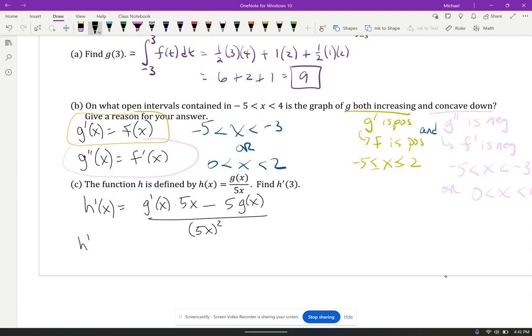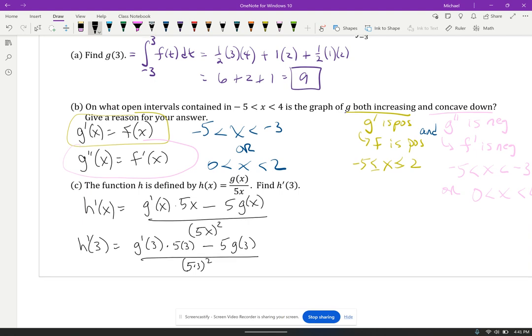Oh, but we want h prime at 3. So then we need to find out what g prime of 3 is, times 5 times 3, well, that's going to be 15, minus 5 times g of 3, all divided by 5 times 3 squared. Okie dokie. Oh, wait a minute.